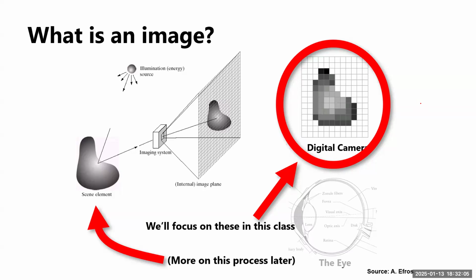Each number represents one sensor. We call this sensor a pixel. So the image is nothing but a matrix of numbers. Each one of these represents one sensor, and each one is called a pixel.